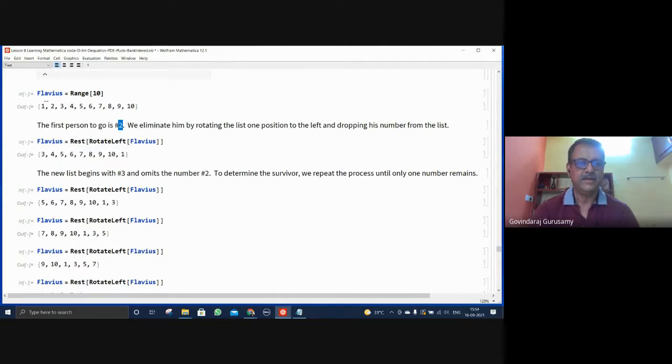Rotate left, which means this previous list which we created should be rotated. Rotate to the left, which means after rotating, the number 1 fellow will come after 10. So one fellow has been moved here. Then the first one will be dropped, will disappear. So rest will take care of that. So rotate left. See.